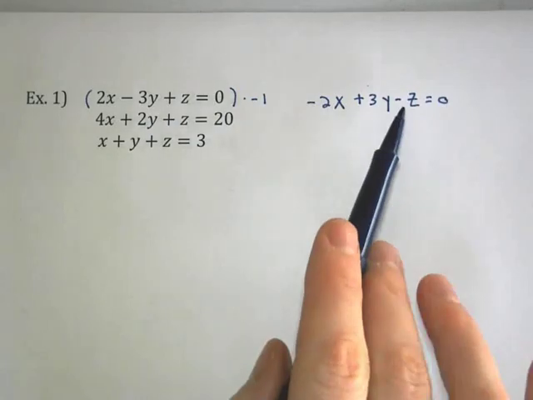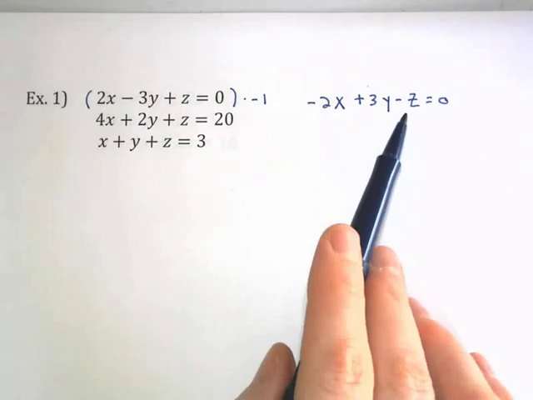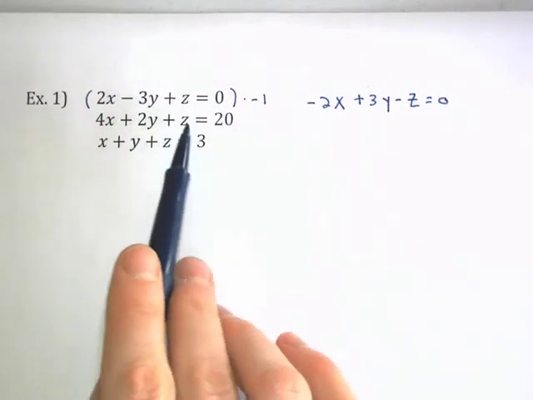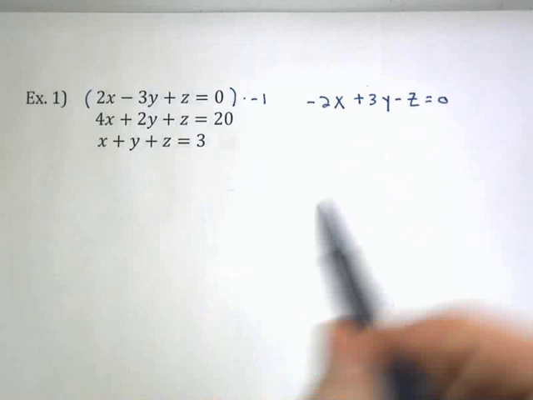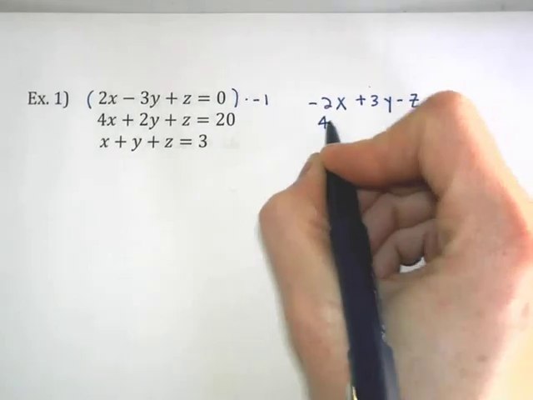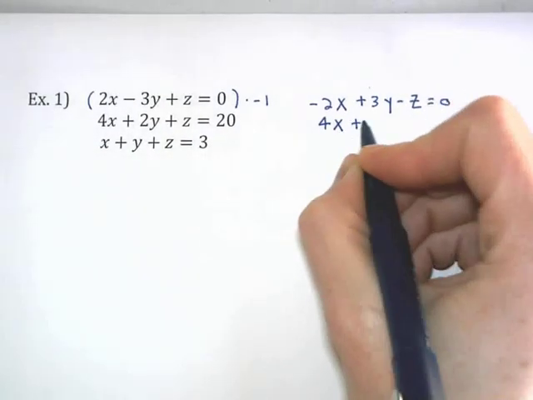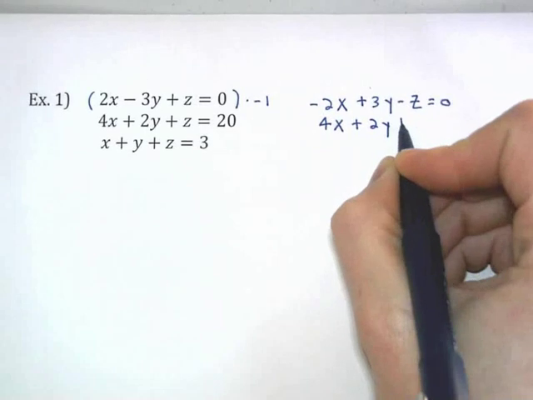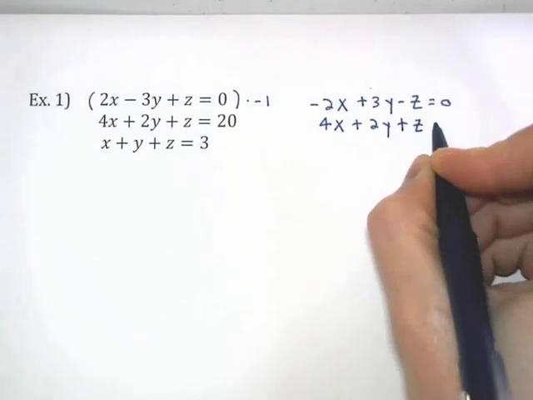And so now, since we have that minus z, we can eliminate with the plus z that we had in the second equation. So I'm going to go ahead at this point and just bring this second equation over so I can see both equations one on top of the other.